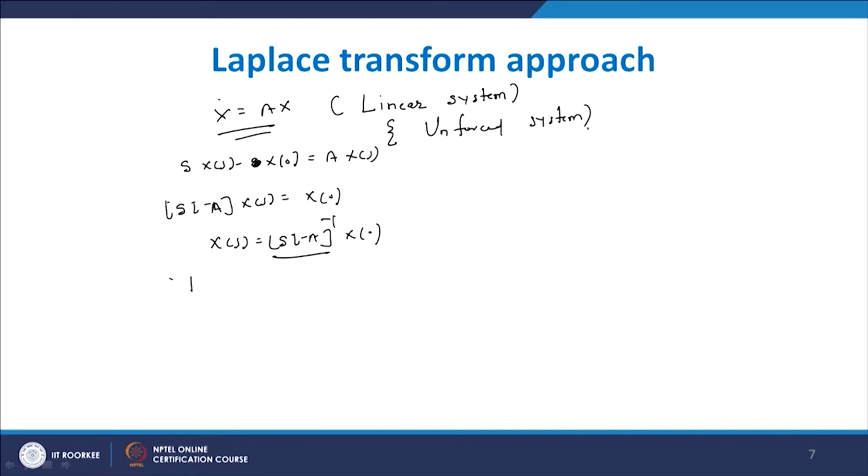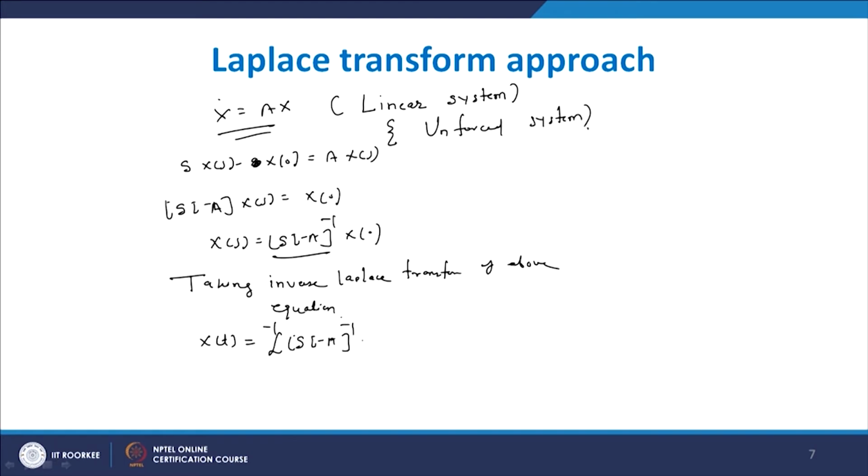So, if you take the inverse Laplace transform of the equation, we will get x of t equal to Laplace inverse of (sI minus A) inverse into x of 0.